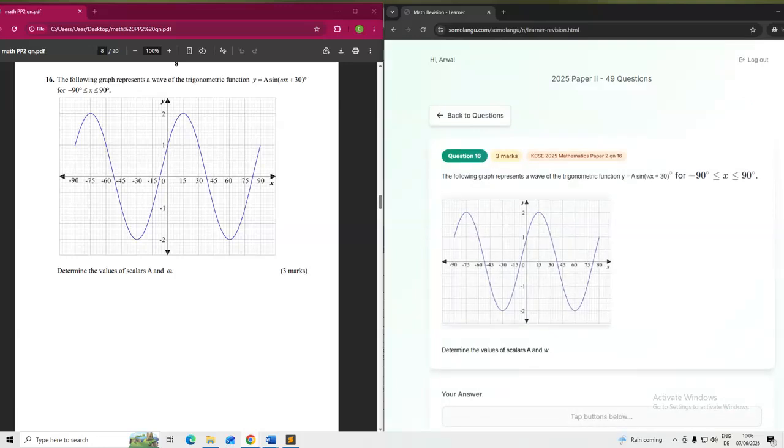The student is expected to analyze a sine wave and determine the values of the amplitude and angular frequency. KNEC is assessing whether the candidate can extract information directly from the graph rather than from an equation alone. So understanding of how amplitude and period affect the shape of a wave is essential for this topic.